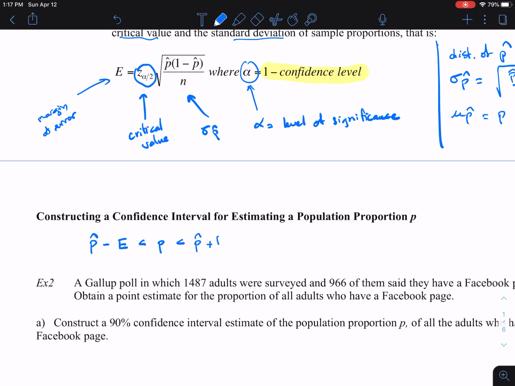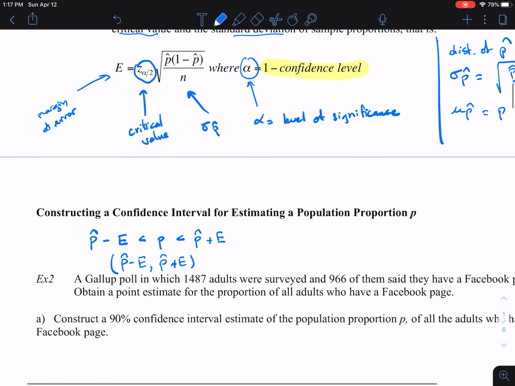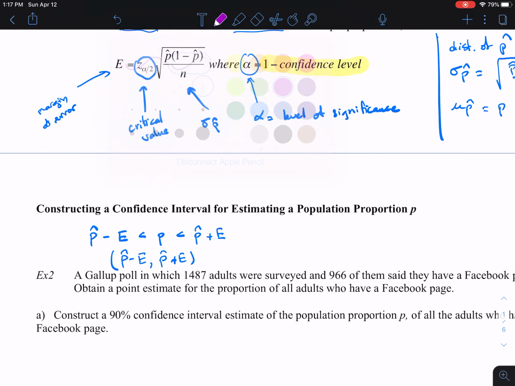So this can be thought of as p hat minus E, comma, p hat plus E. Either notation will be fine, both are the same thing. So this is a confidence interval.